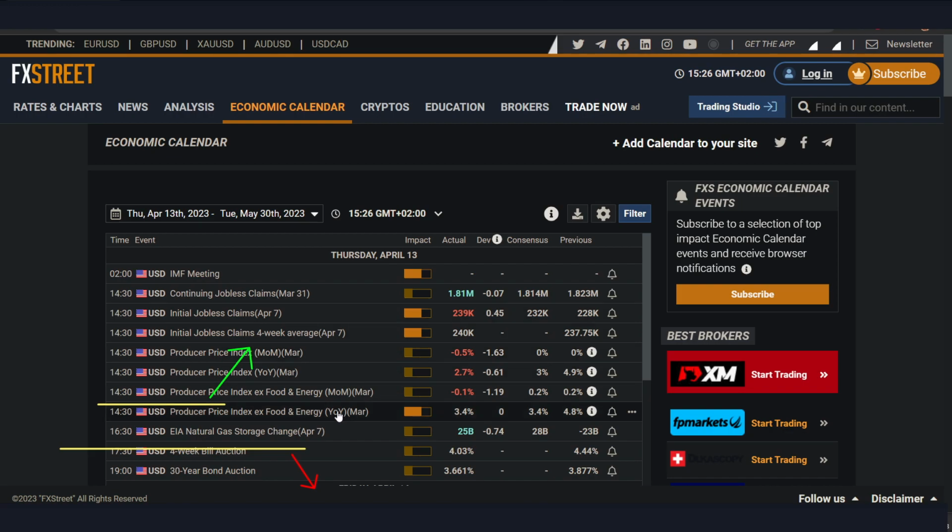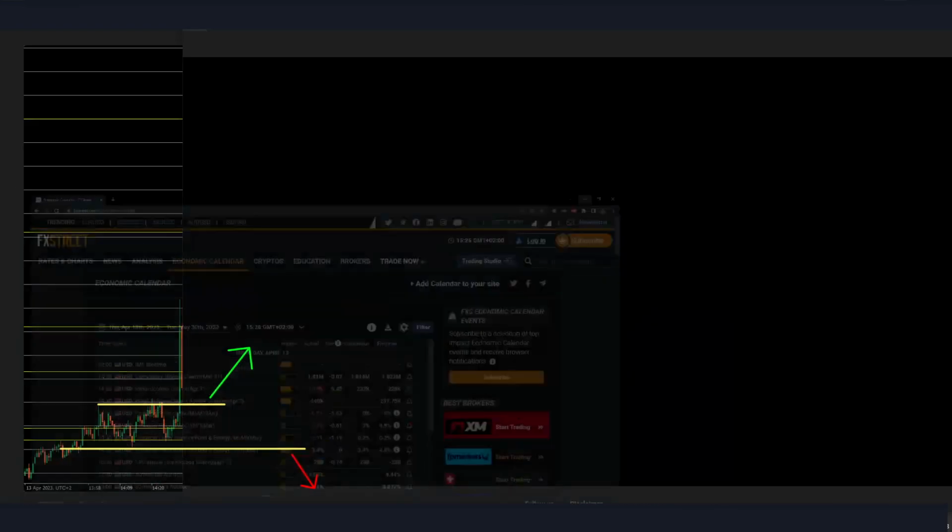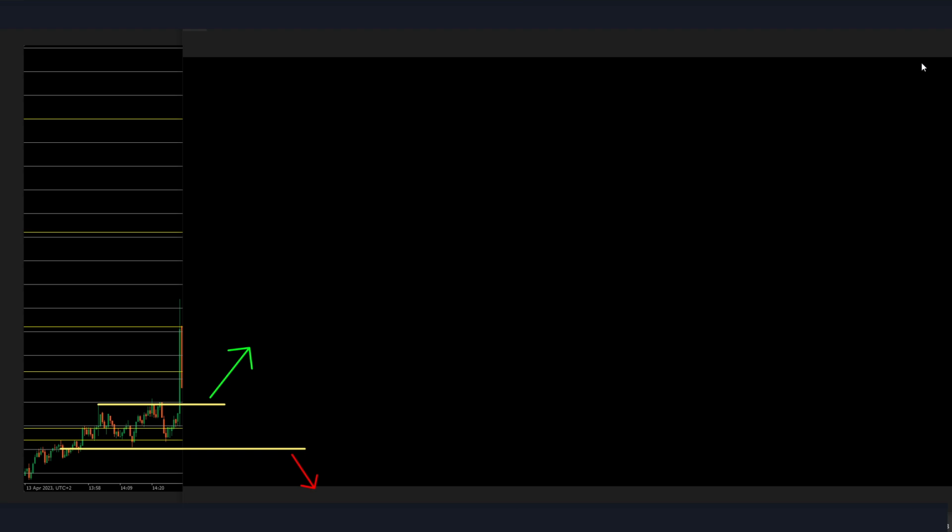So we had PPI and jobless claims. Way worse jobless claims than expected, and the prior we have a decreasing PPI, which might bring overall a USD weakness, and overall I will be favoring this bias over here.